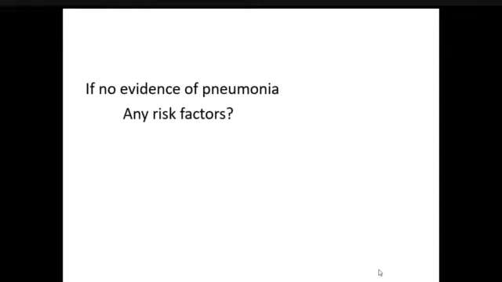If there is evidence of severe pneumonia, of course we have to manage accordingly. We have to treat this patient as an emergency case. But if this patient does not have any evidence of pneumonia, then we have to see whether this patient has any risk factors for severe pneumonia.